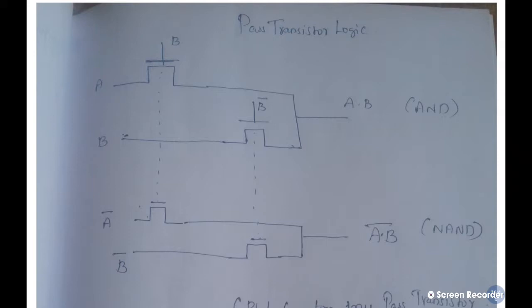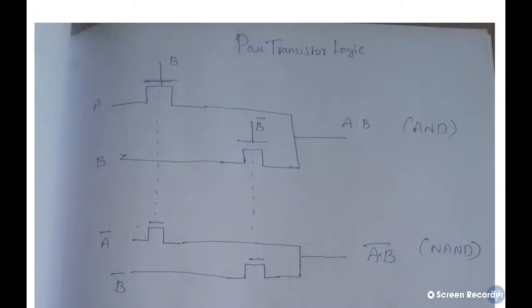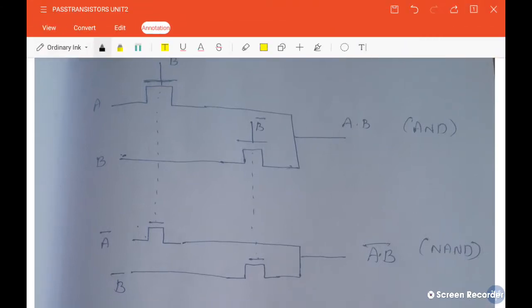So here you can extend the AND operation. For AND, what are all the connections we made? Just slightly I am extending it to make the next combination, AND and NAND, in the same circuit. So what we have to do is, from the AND you draw 2 more NMOSes in parallel, and then you connect the control signal B with one NMOS, B bar with another NMOS, and combine the 2 drain values.